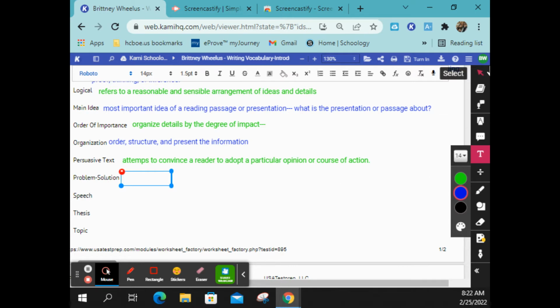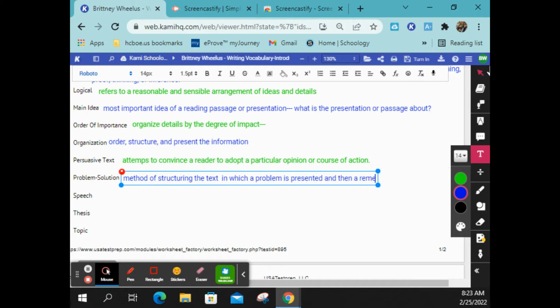Problem solution. All right, it's a method of structuring the text in which a problem is presented and then an answer.